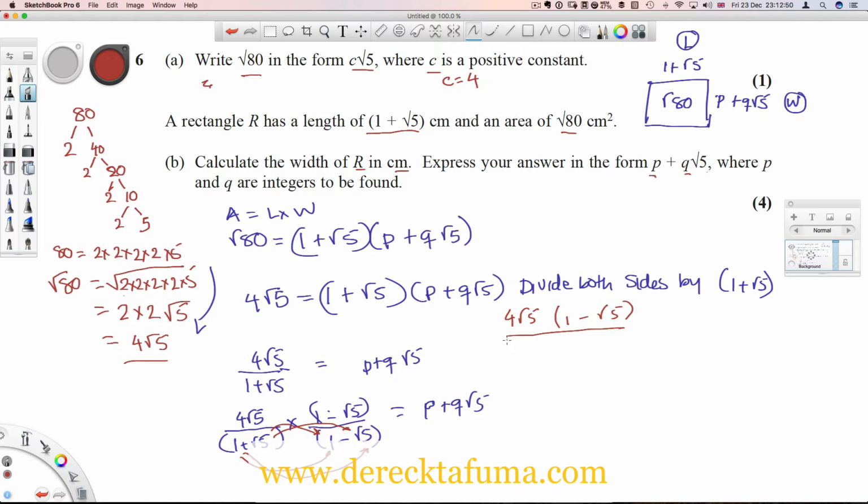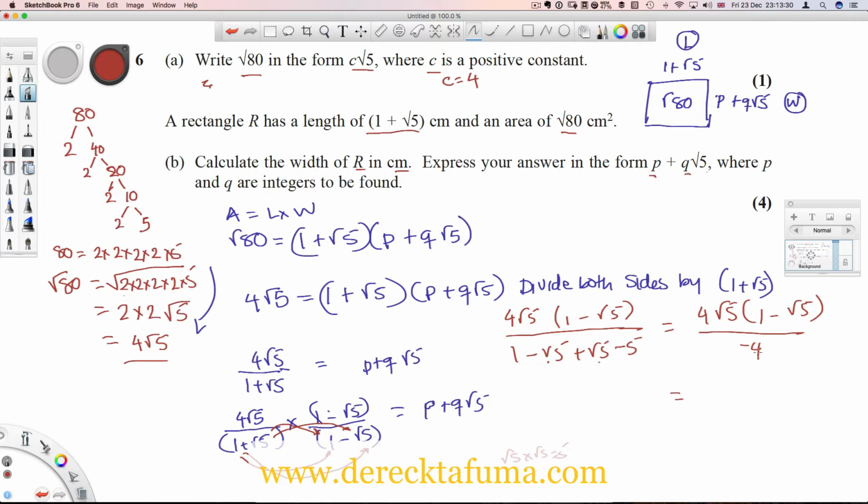So 1 times 1 is 1. 1 times a minus root 5 is minus root 5. Root 5 times 1 is plus root 5. Root 5 times a minus root 5 is minus 5, because root 5 times root 5 equals 5. Okay, so we end up with 4 root 5, 1 minus root 5, divided by minus root 5 plus root 5 is 0. 1 minus 5 is minus 4.